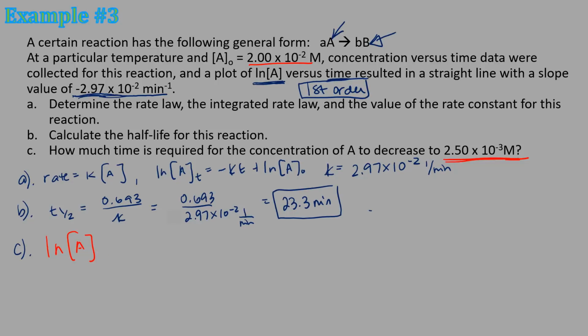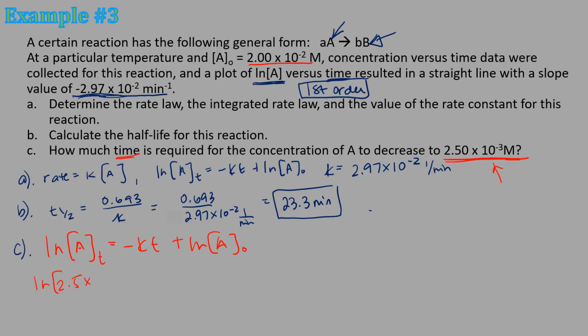Oops. So that should be the natural log of A at time t is equal to negative kt plus the natural log of A naught. And so if we plug the numbers into that equation, then we would have the natural log of A at time t would be this, because we're looking for how much time.